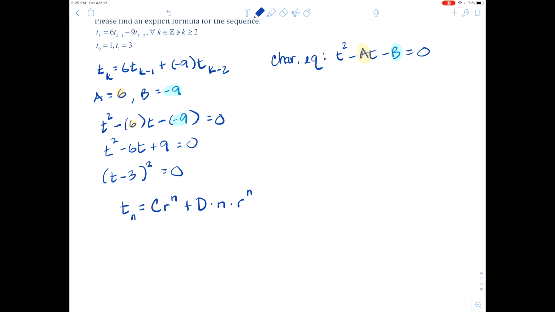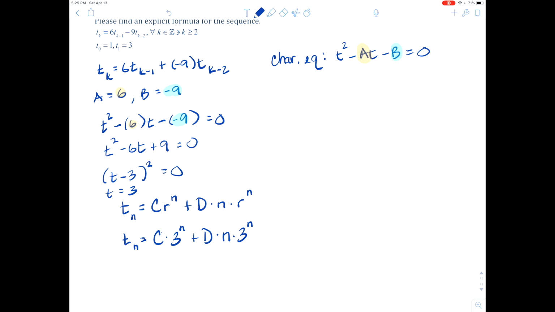Okay, so we know that r has to be equal to 3, right? So t sub n is equal to c times 3 to the n plus d times n times 3 to the n.